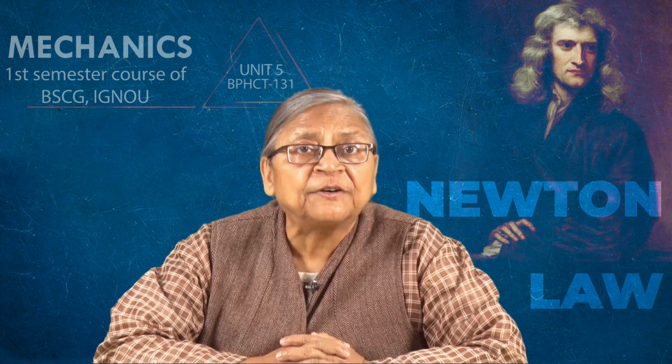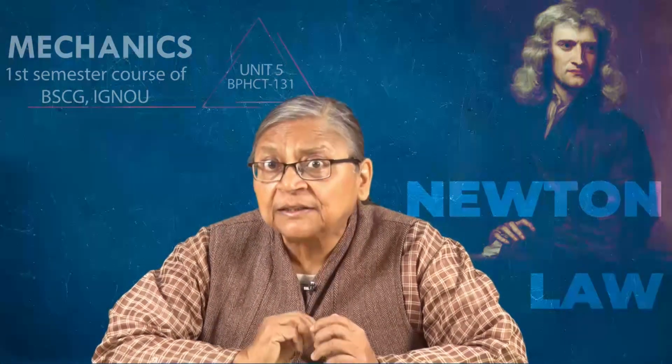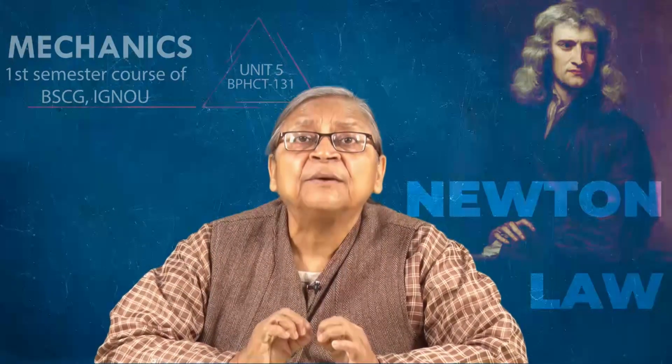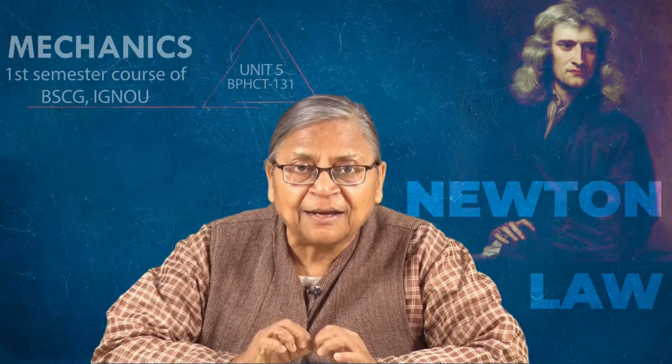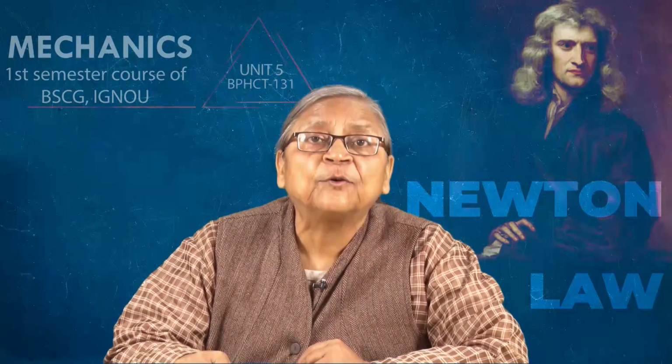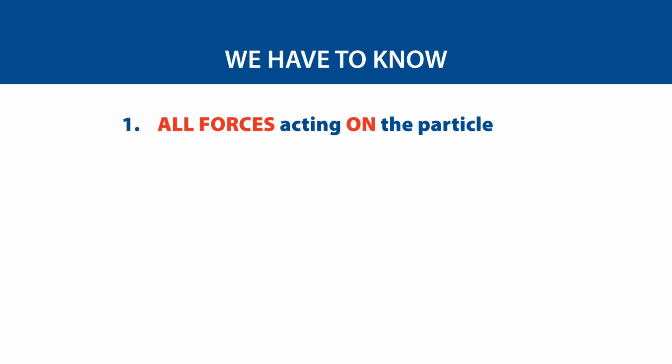So the object we will represent as a point particle. We will think of the object in Newtonian mechanics as a point particle for the time being. How do we find the net force? Firstly, we have to know all forces acting on the particle.